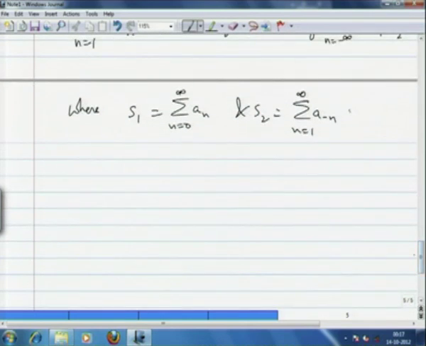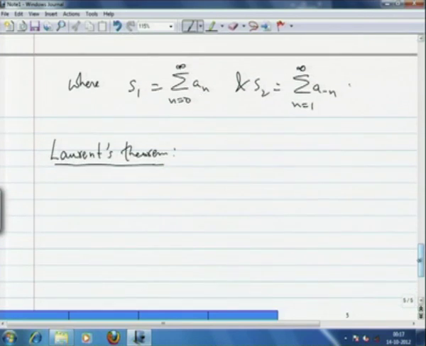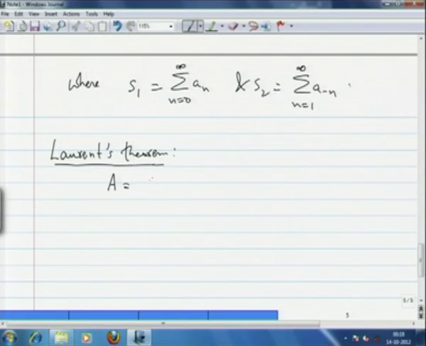And with this convention, what we have is Laurent's theorem, which talks about expanding functions in an annular region as a double ended series. So, we look at the annular region A equals z belonging to C such that R is less than the modulus of z minus a, which is strictly less than S. So, let A be this annular region.